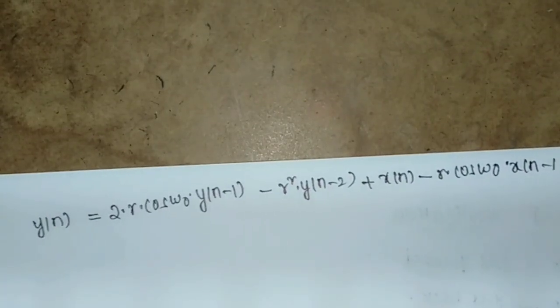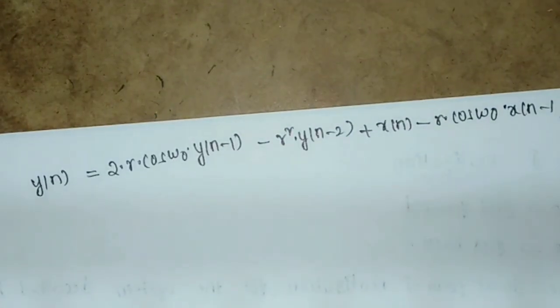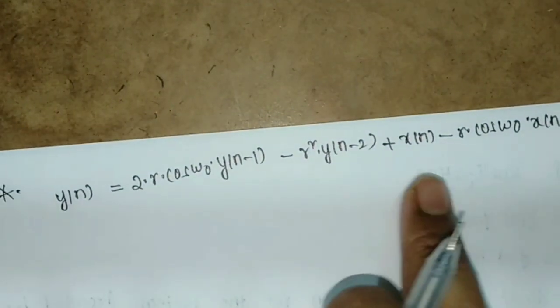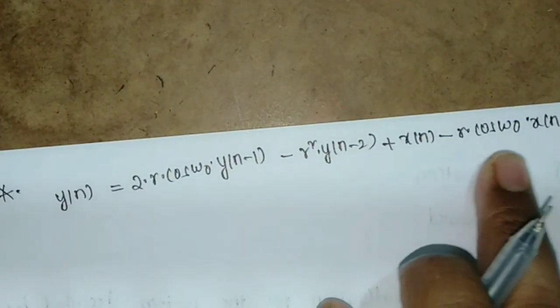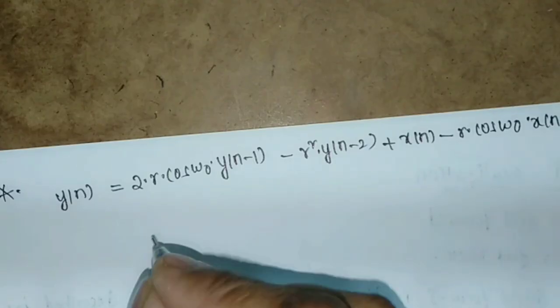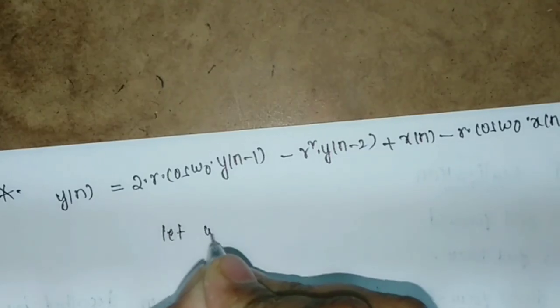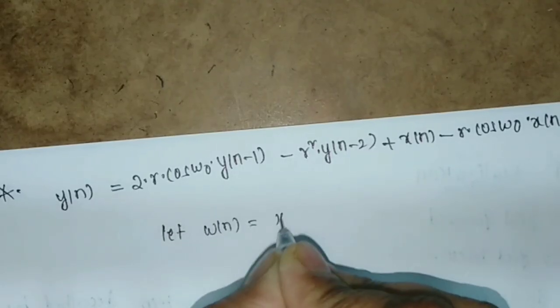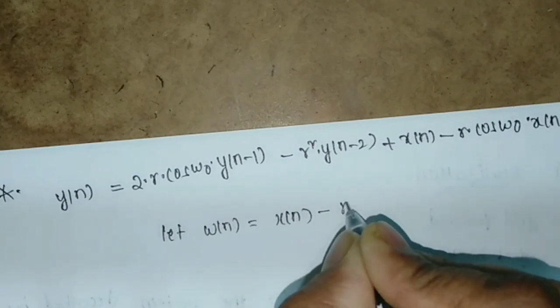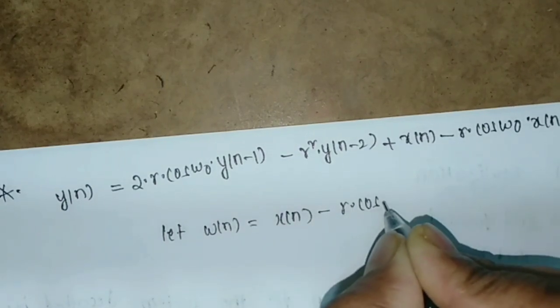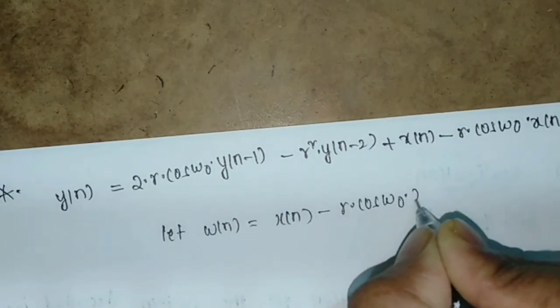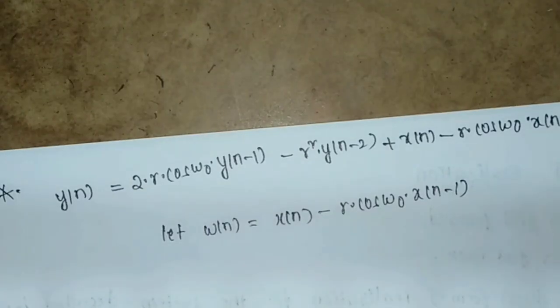See, whatever the question they have given, don't be scared about it. Simply take all x of n terms as w of n. So let w of n is equal to x of n minus r cos omega naught into x of n minus 1.